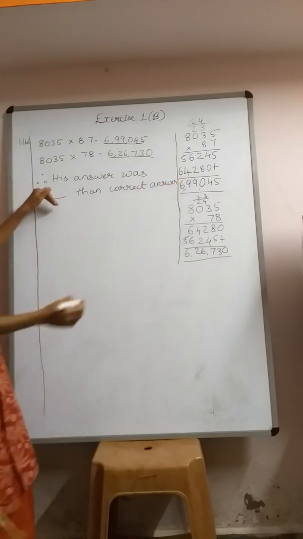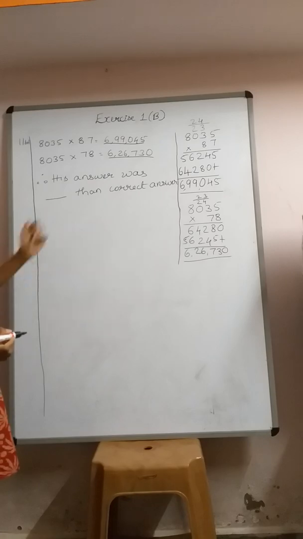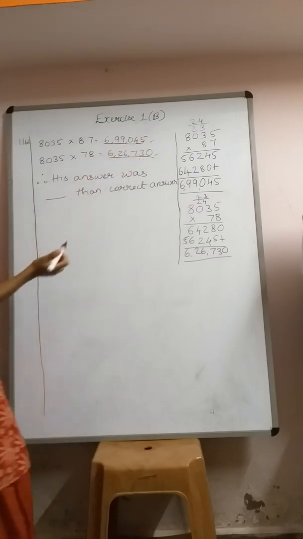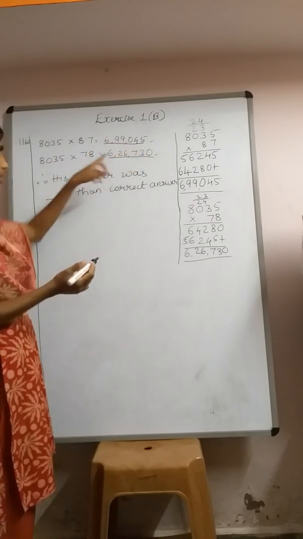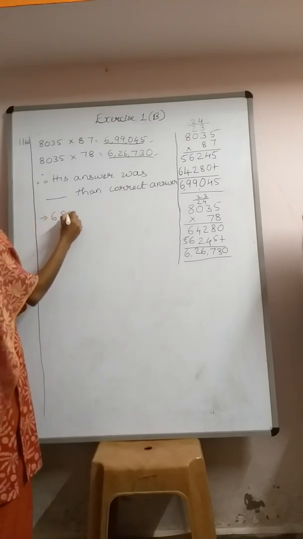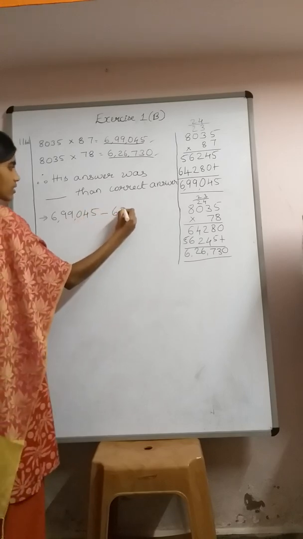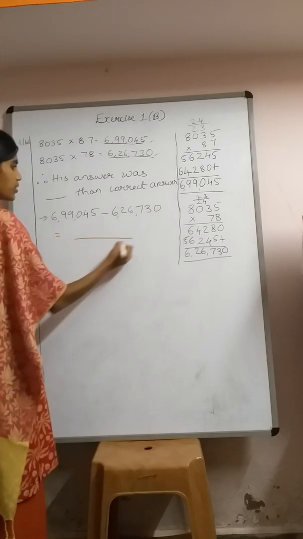So how we will understand how his answer was greater or lesser? Children, you should subtract these two numbers. That is 6,99,045 minus 6,26,730 equals to how much?